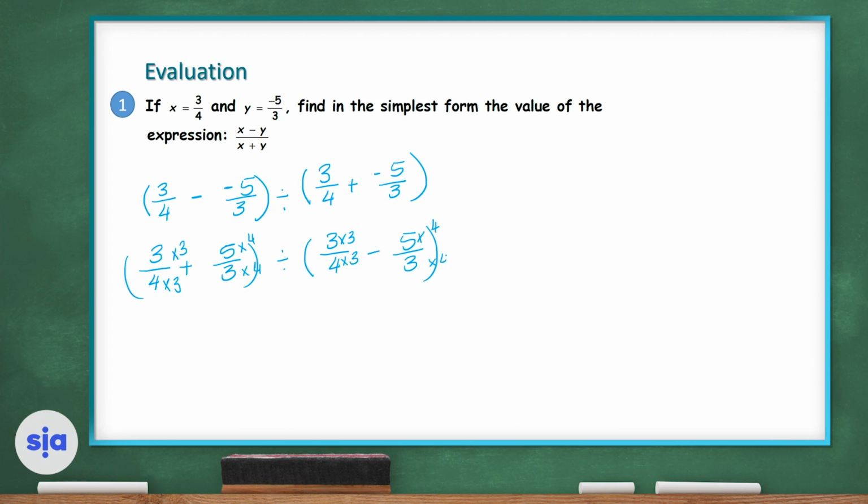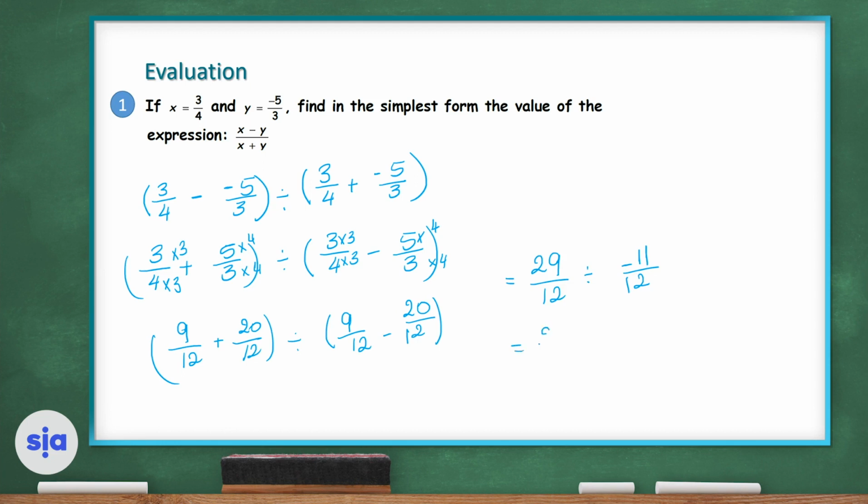So it will be 9 over 12 plus 20 over 12, that's a part, divided by 9 over 12 minus 20 over 12. So it's 29 over 12 multiplied by 12 over negative 11. 12 and 12 are crossed out together, so the result is negative 29 over 11.